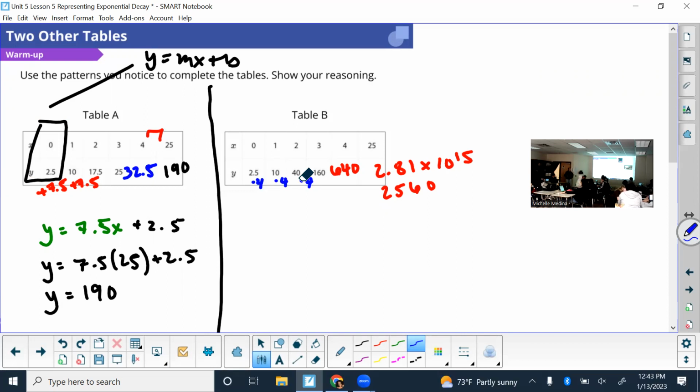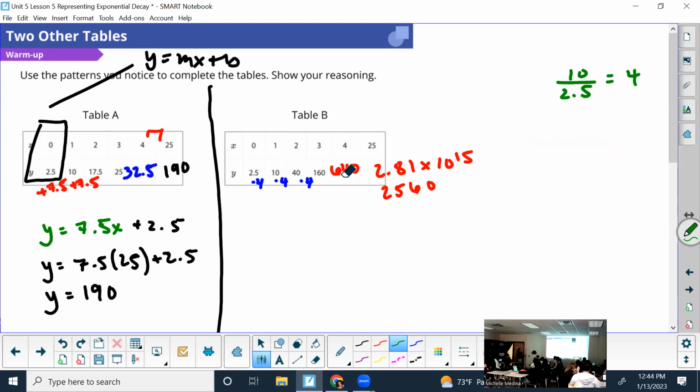If that's not easy to see, take one of the numbers in the pattern, like don't take the first one, but take the second one, and divide it by its previous number. And that'll tell you what you multiplied by to get that number. Same works if you take 40 divided by its previous number, and we get 4.